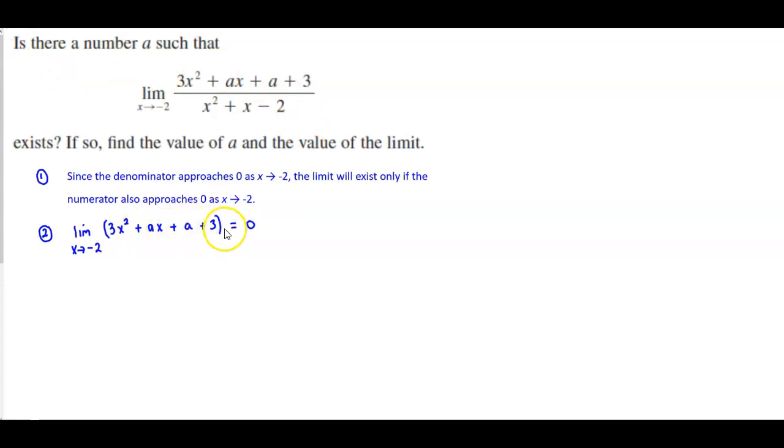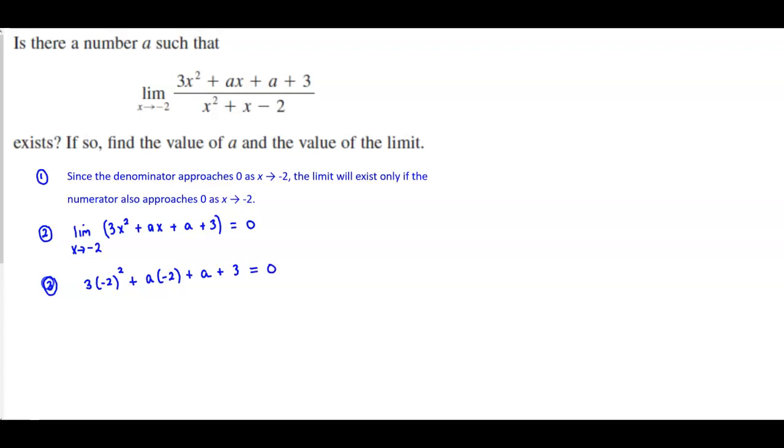This is what needs to happen in order for us to solve for a. So we can rewrite this by plugging in negative 2 for x. So we have 3 times negative 2 squared plus a times negative 2 plus a plus 3, and set that equal to 0.